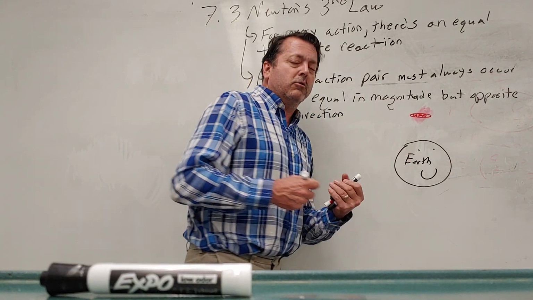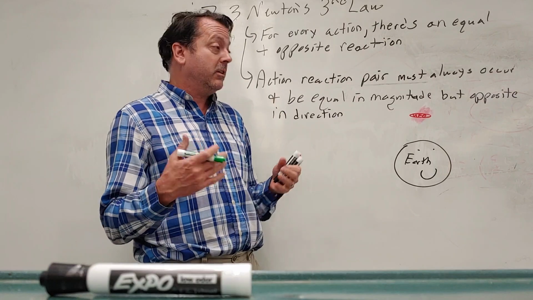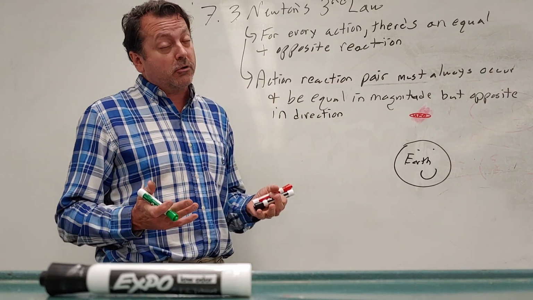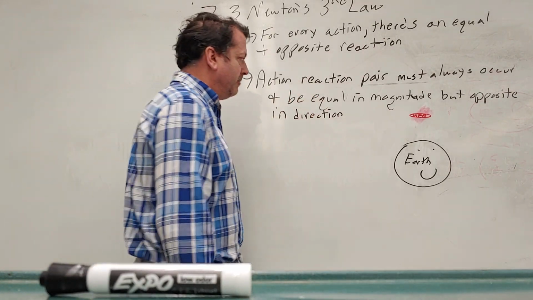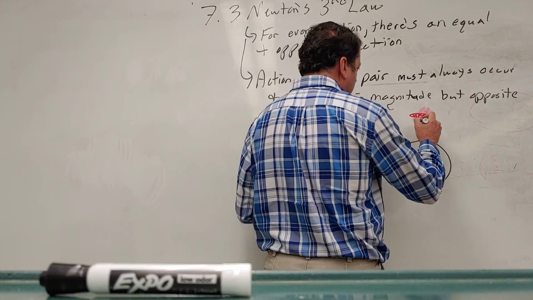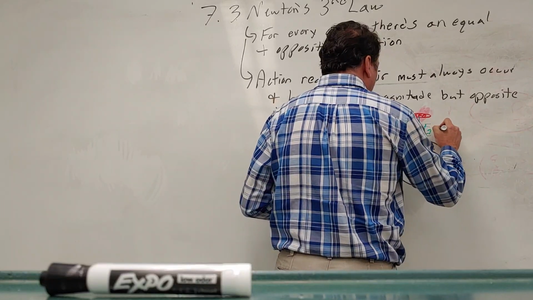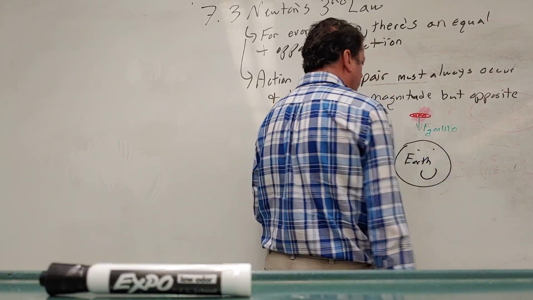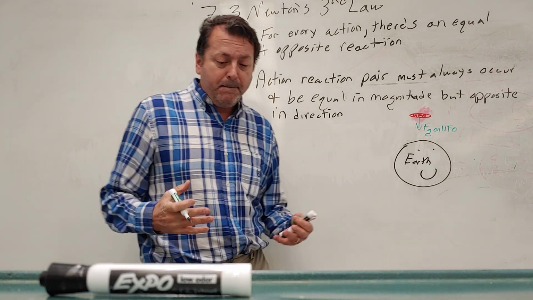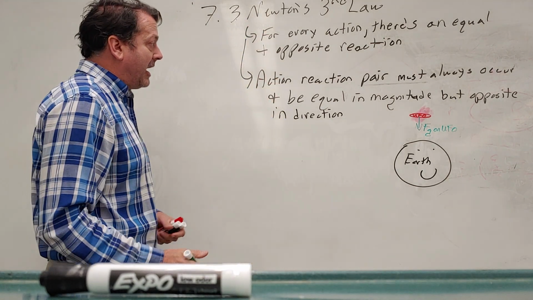The Earth is very attractive. It's a very pretty Earth. Don't believe me, look at it. It's also attractive because of gravity. So the Earth is going to be pulling the UFO down to it. This is the force of gravity on the UFO. But for every action there is an equal and opposite reaction.